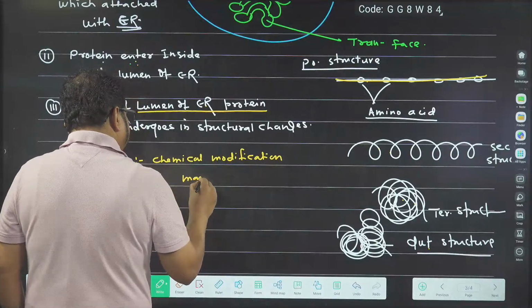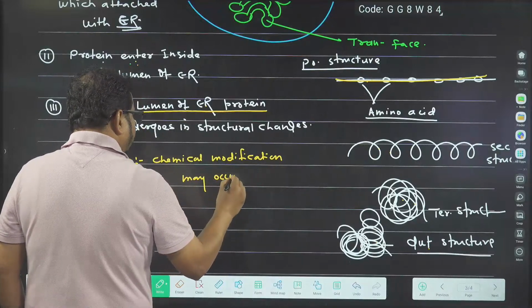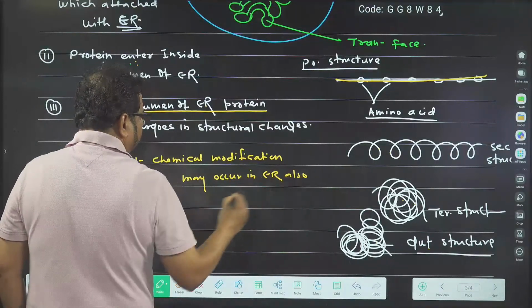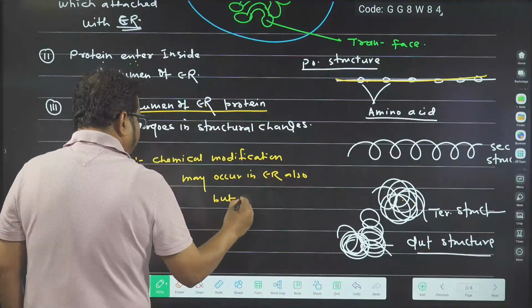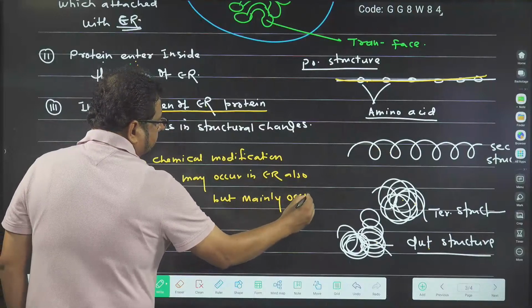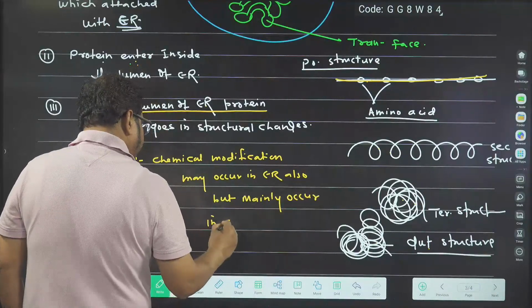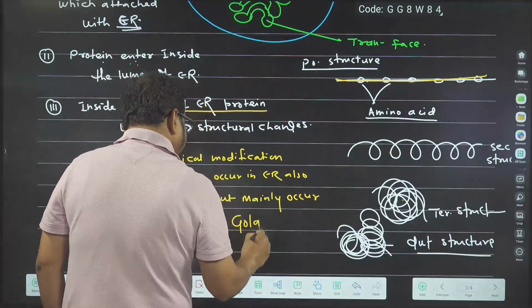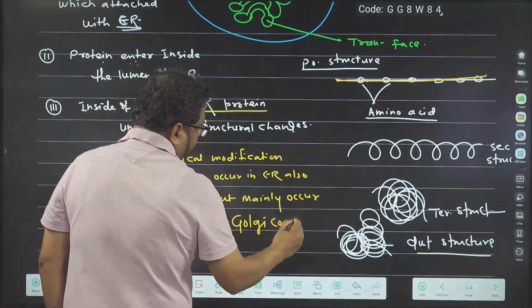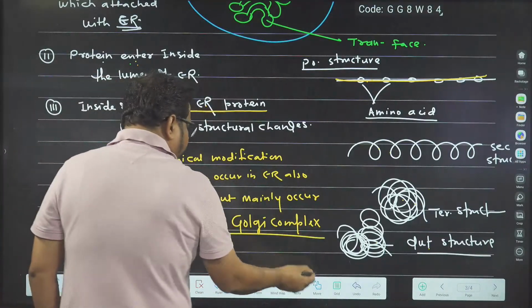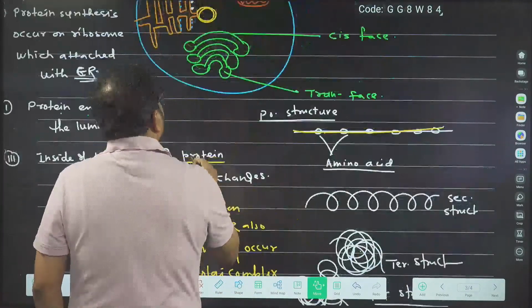It may occur in the ER also, but mainly occurs in the Golgi complex. Got the idea? Now let me show you through the diagram.